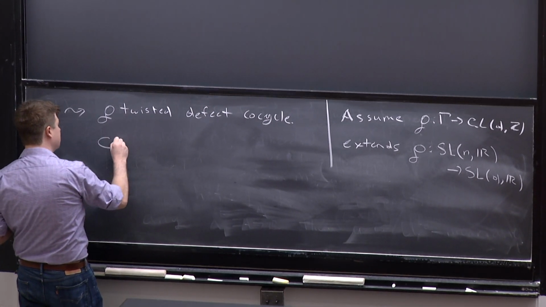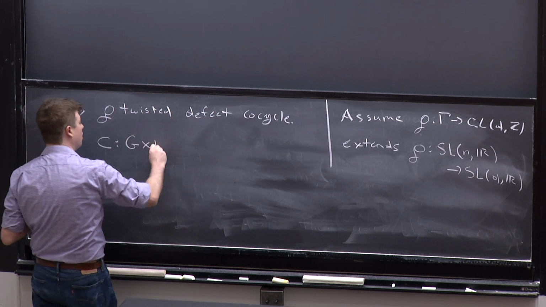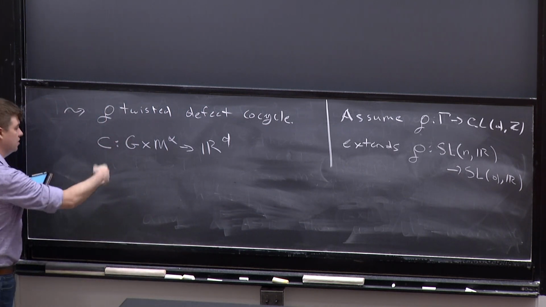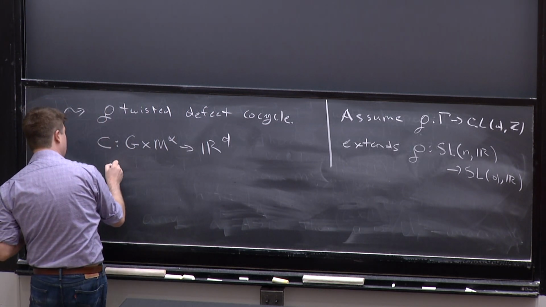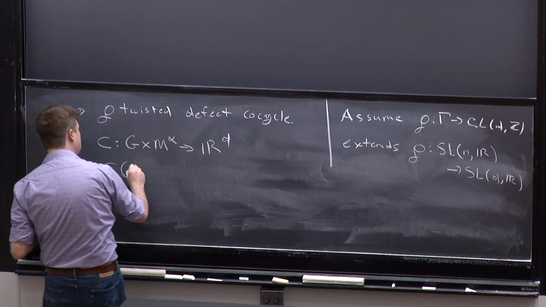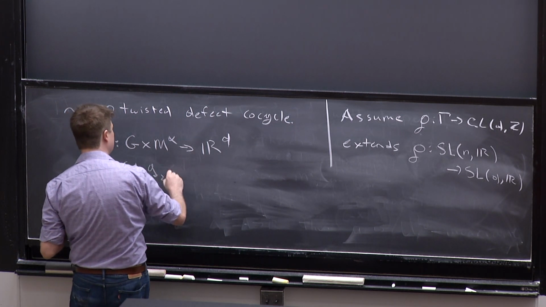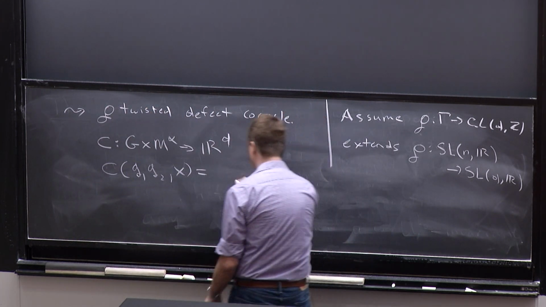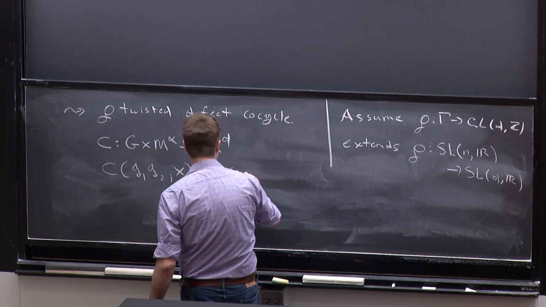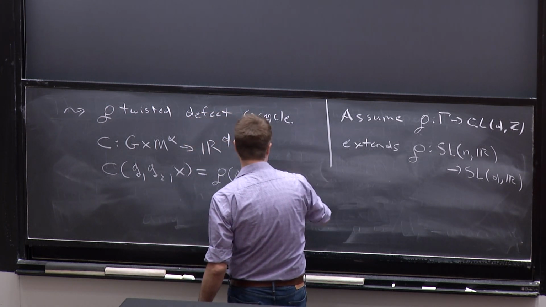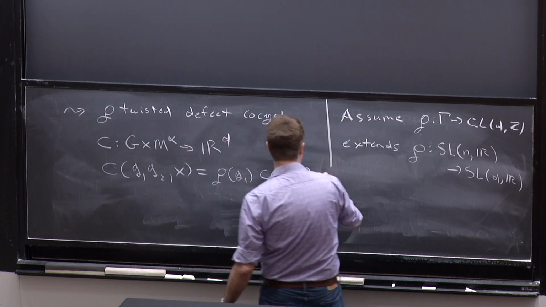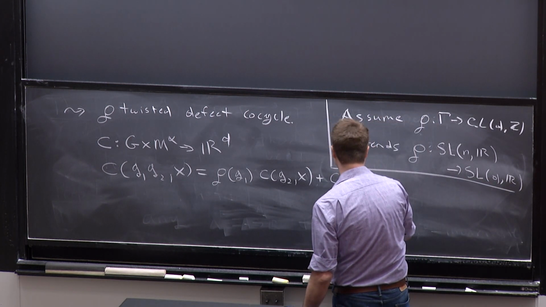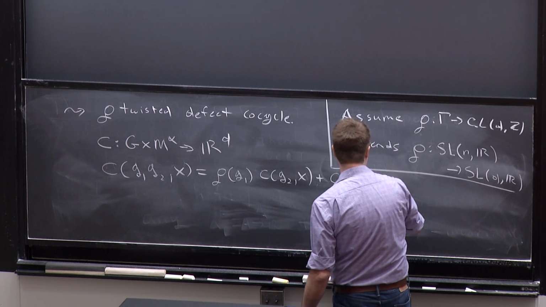So what is this kind of object? It's a C from G cross M alpha to R^D. So this is the kind of object that I want. And then what does it mean to be a rho-twisted cocycle? It means that C of g1 g2, comma x is, and it should be some sort of twisted chain rule, rho of g1 C of g2 comma x, plus C of g1 comma g2 hit x.